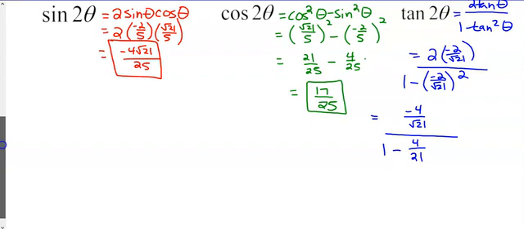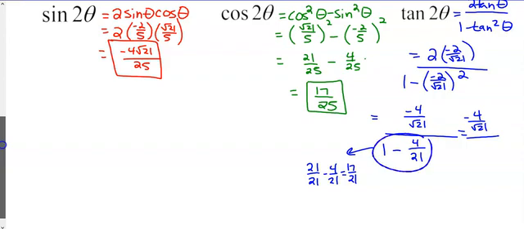And then remember what we did in the last example, we changed that 1 so that it was 21 over 21. I guess in our last one it was 7, so we had 7/7. So I'm gonna maybe just do scratch work here. So 21 over 21 minus 4 over 21 is 17 over 21. So we end up with negative 4 over root 21 over 17 over 21.